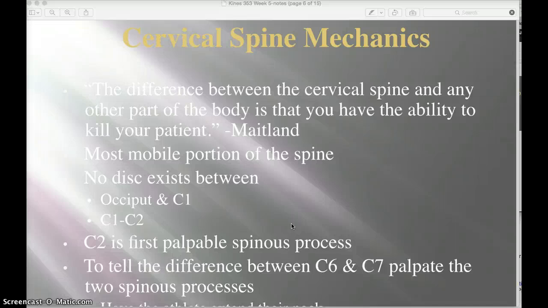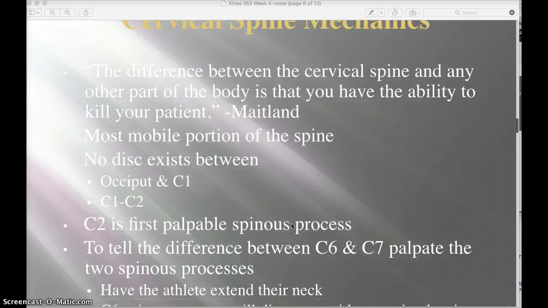Like it says here, no disc exists between the occiput and C1, and between C1 and C2. Just some other names to note: C1, the first vertebra that connects to the occiput, is also known as the atlas, and C2 is also known as the axis. Just some terms that you should be aware of.